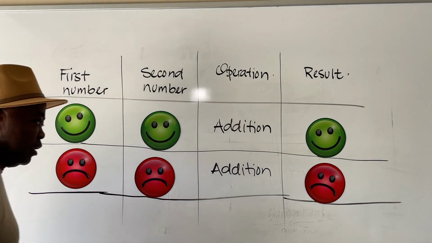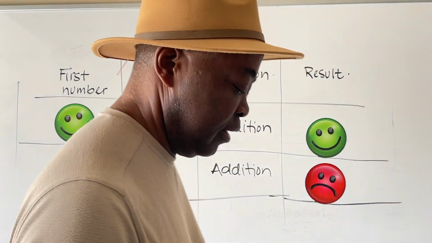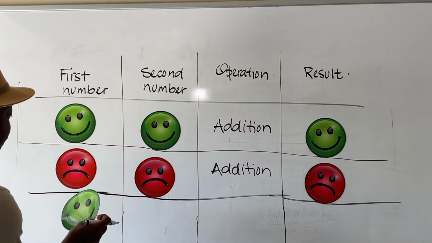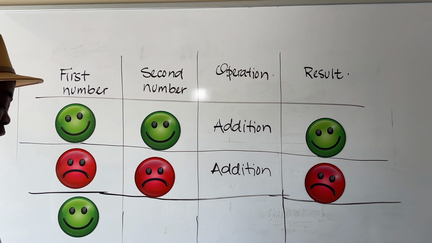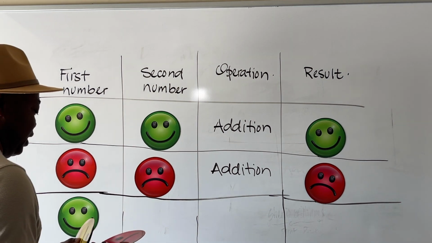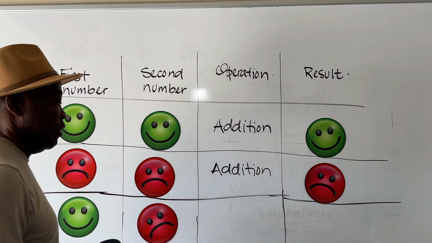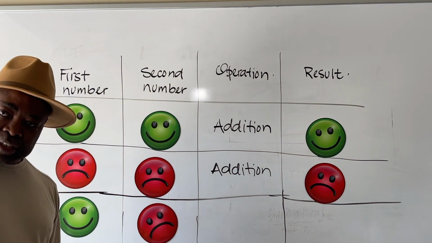Now, this is the part where it gets tricky. If my first number is positive and the second number is negative, what do I have? Subtraction. Exactly.